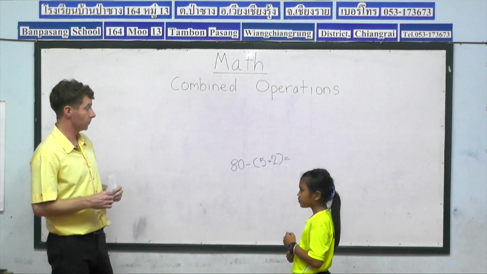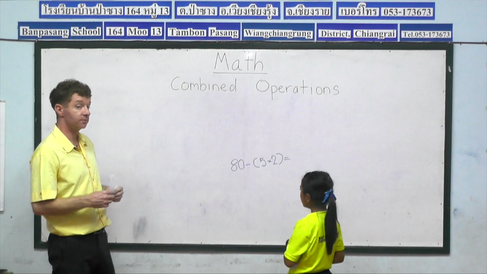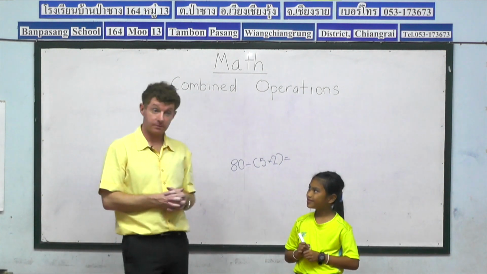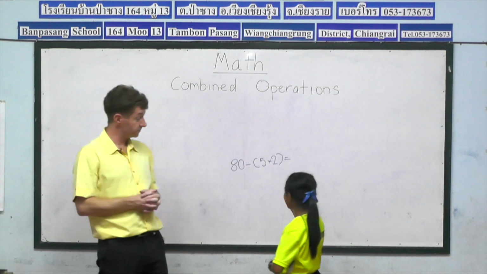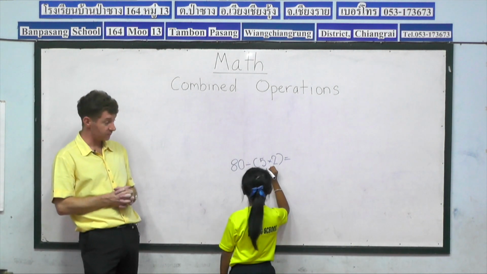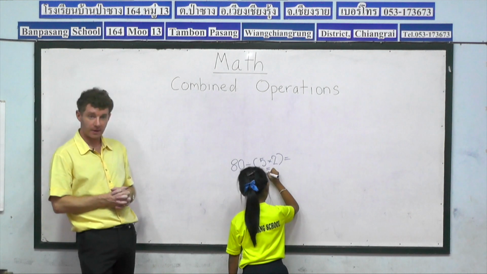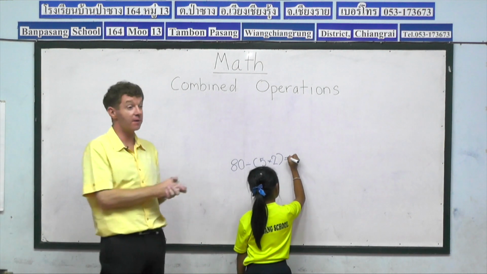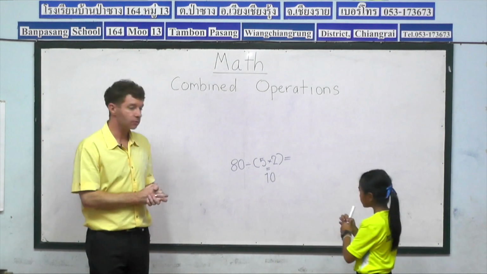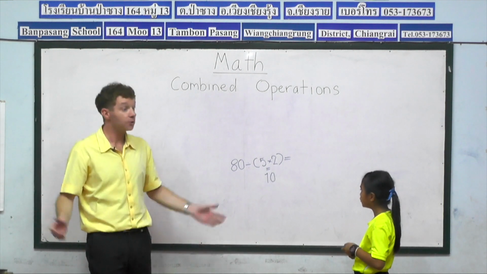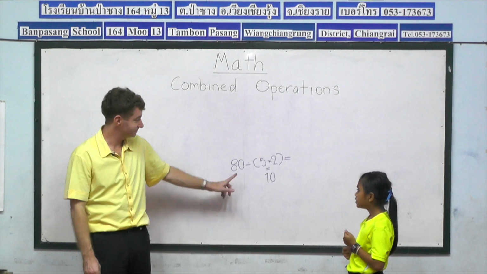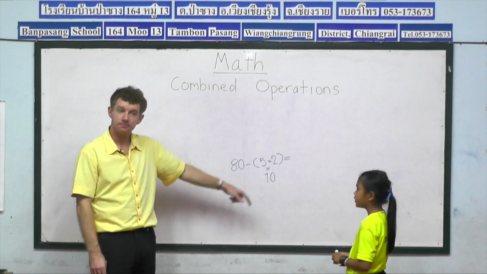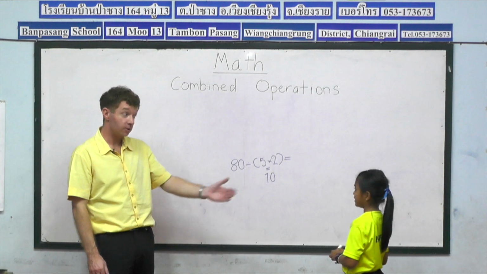Okay, so what's the first thing we have to do? Does it? Are you sure? Are you happy, Pak Bung? 5 times 2? 10? Okay, if Pak Bung's happy, I'm happy. It's Pak Bung's combined operation. So, we're finished, yes? No. 80 divided by 10 equals 8. Is that correct? Yes. Are you happy?